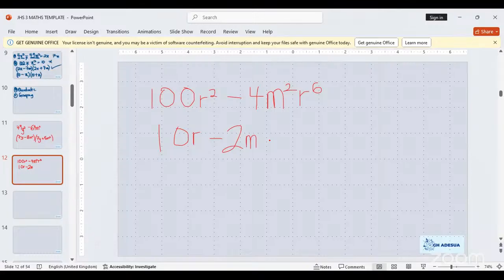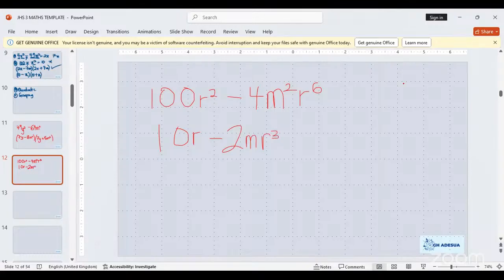So in finding the roots of powers, you halve them. Even in r squared, you halve the 2, making 1. This one, which is 6, you find half of 6, which is 3. So it becomes r to the power 3.